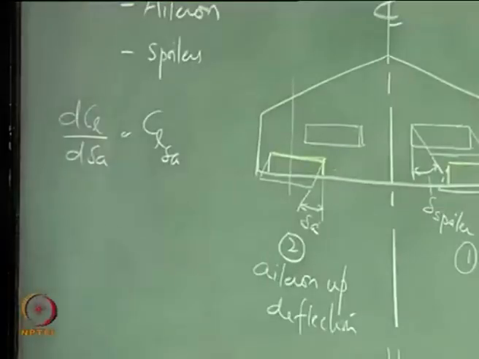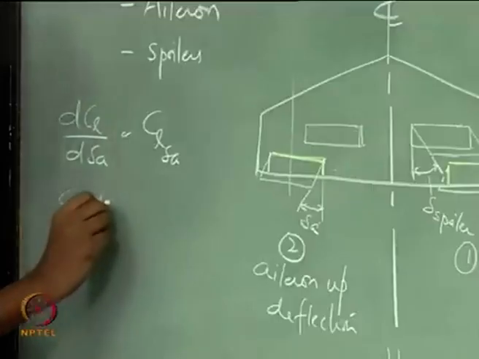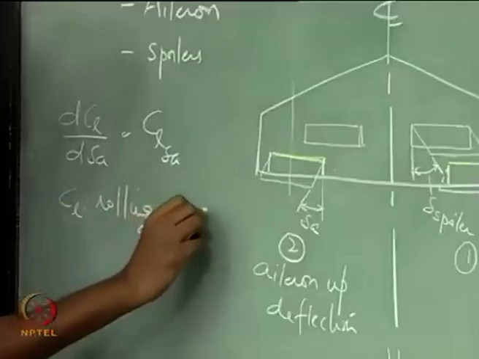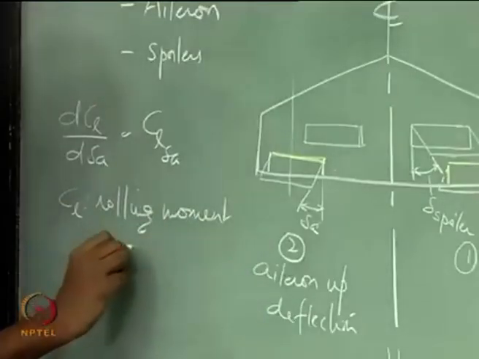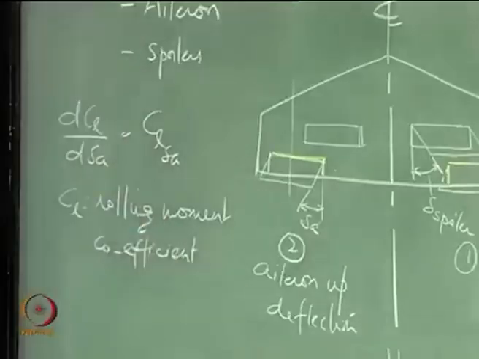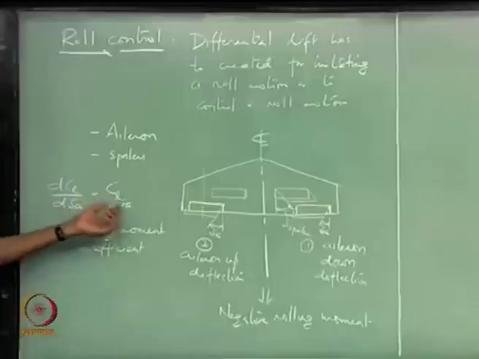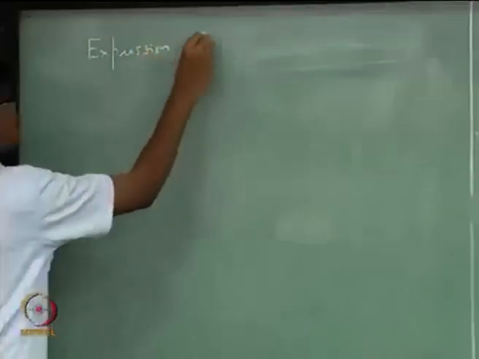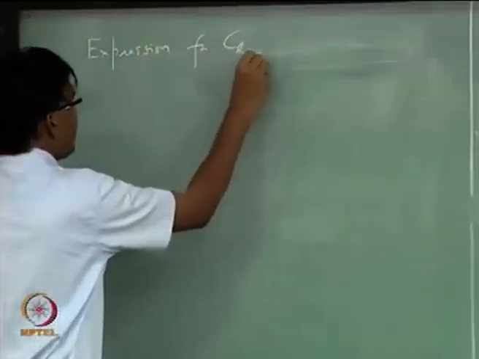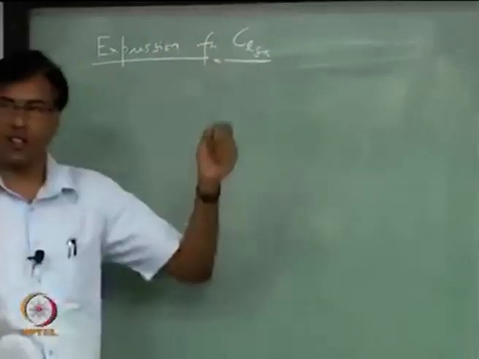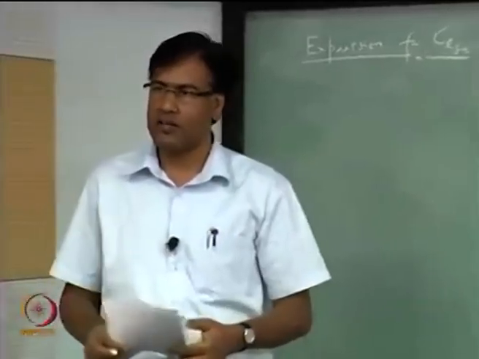CL is the rolling moment coefficient. So, let us try to find out an expression for this parameter. We can also call this the aileron control power, is not it.